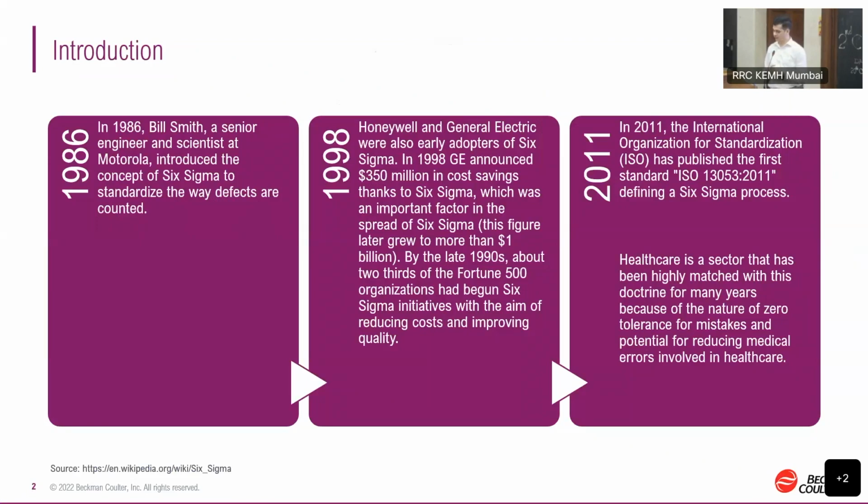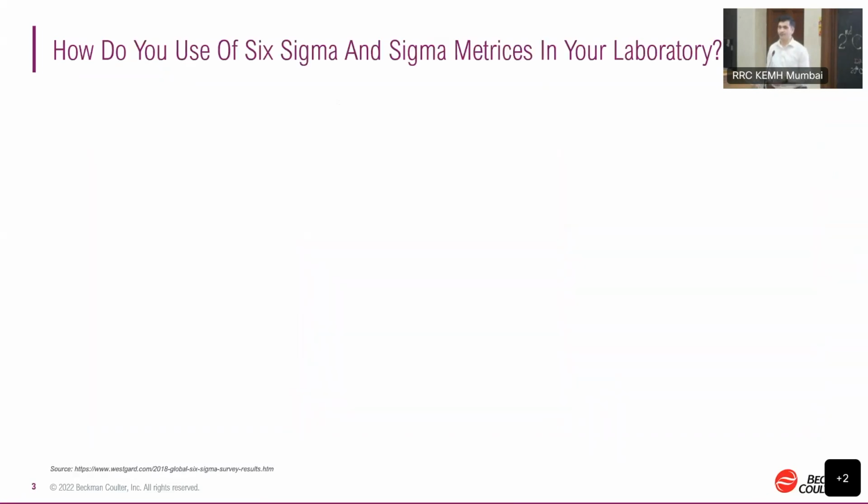In 2011, ISO published a document called ISO 13053, 2011 version, on Six Sigma process, that is, statistical analysis. Nowadays it is widely used in healthcare and found to be very useful.